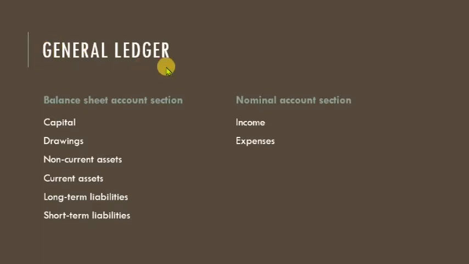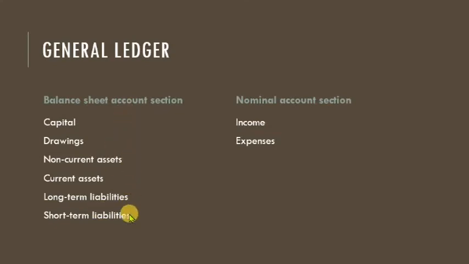In your general ledger, you also have 2 subdivisions. The first one is called your balance sheet account section, and your second one is called the nominal account section. Now, under your balance sheet account section, you will find capital, drawings, then your non-current assets, your current assets, your long-term liabilities, and then your short-term liabilities.